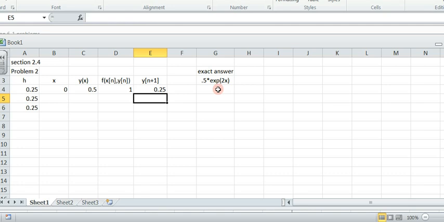Then I've got an exact answer at that point, which I'm going to compare against. So that's going to be 0.5 times exp of 2 times x, which is B4.